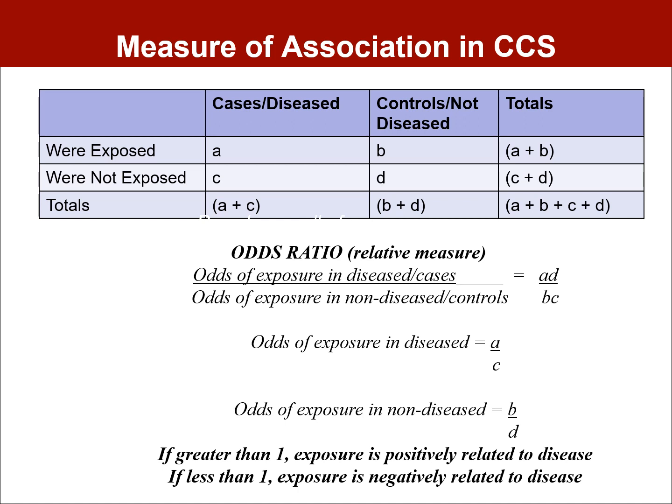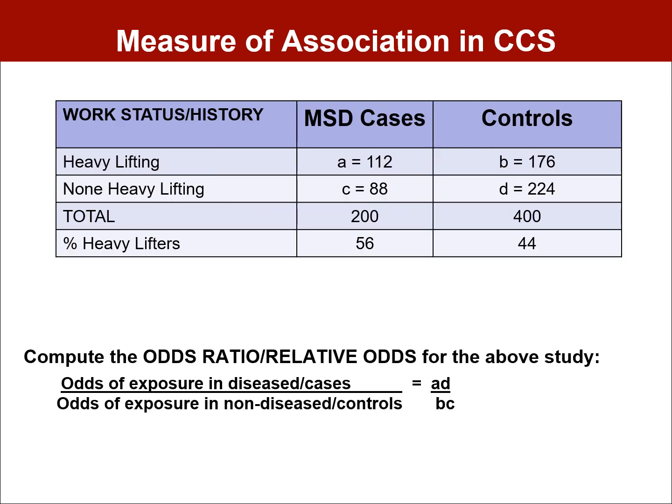Here is an example of the relative measure. I already told you how to explain this. You always want to make sure that your A is always the exposed that have the outcome of interest.